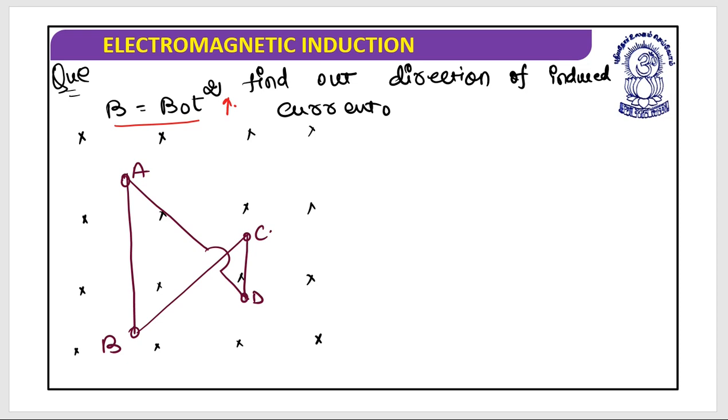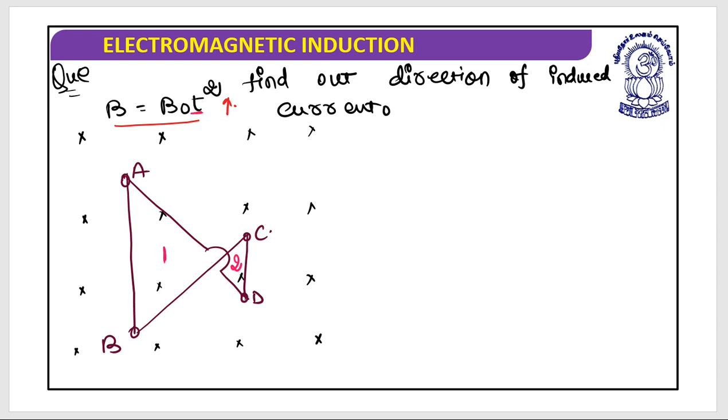Now I need to understand what the direction would be. In this situation we have two area vectors, the first area and the second area. You always need to consider the bigger area, because it will create a greater amount of flux, since phi is equal to B dot A, and if the area is higher, the flux is higher.